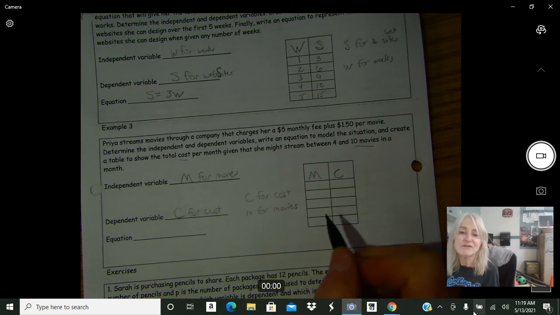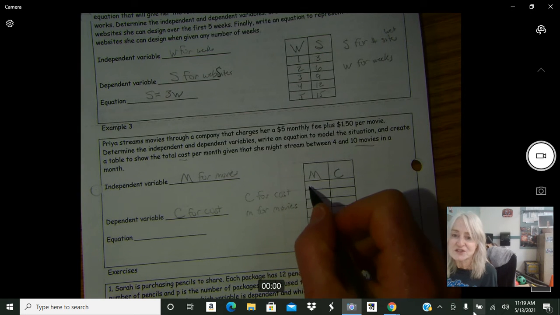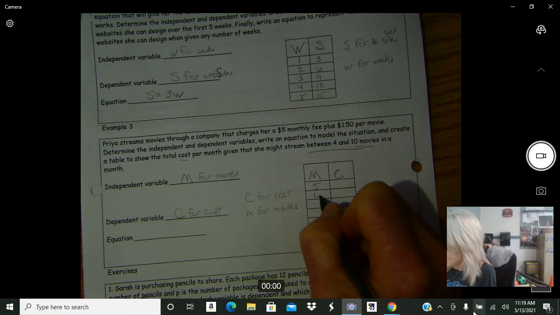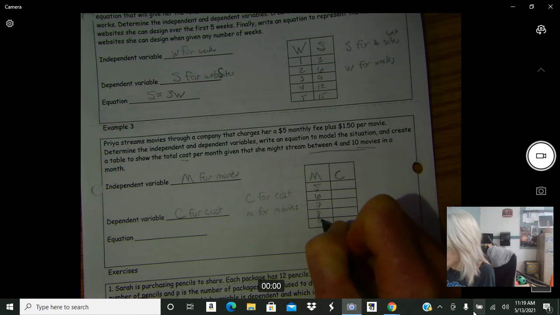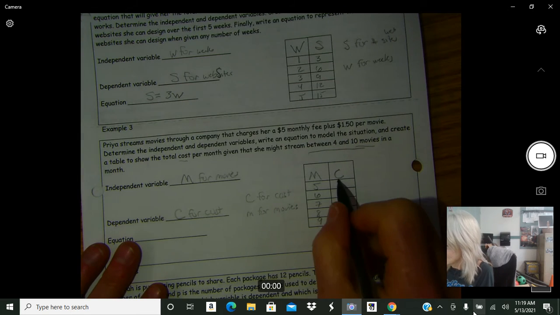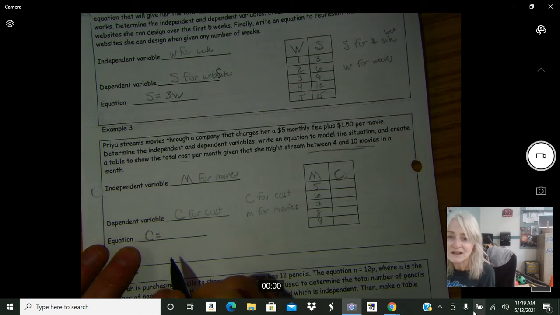Now, before we can fill out our table, I do know that she wants to stream between 4 and 10. So that would be 5, 6, 7, 8, and 9 movies. I know that cost is our dependent, so I'm going to start with cost and figure out what it equals.